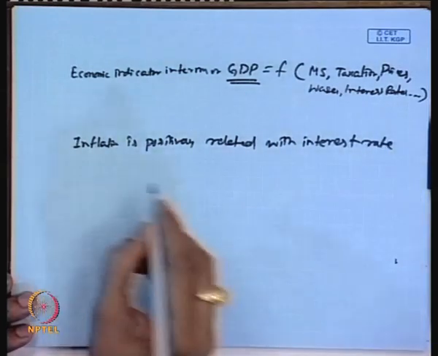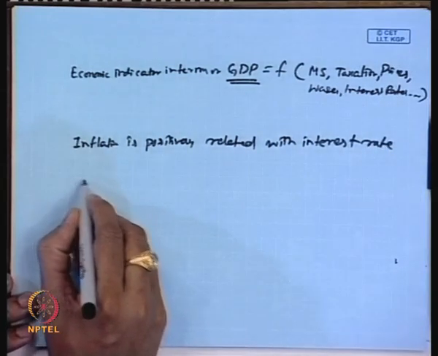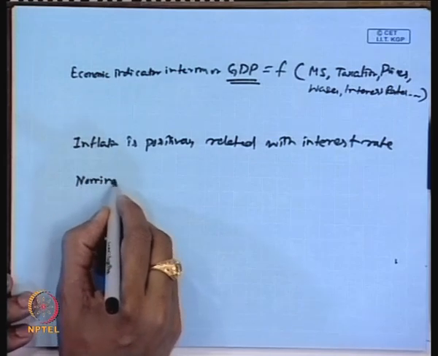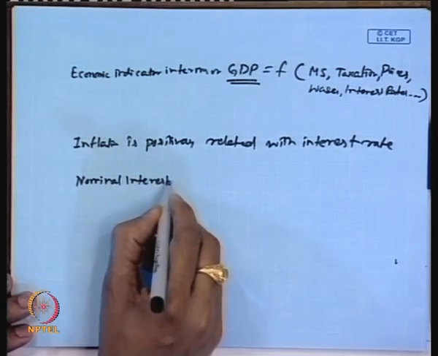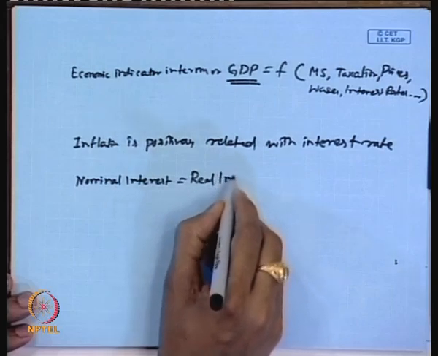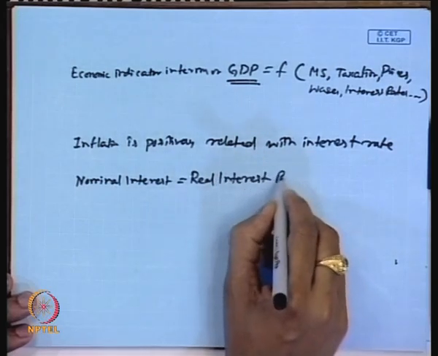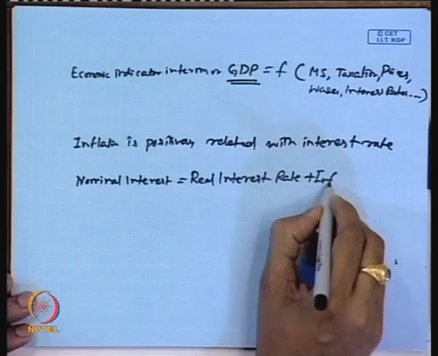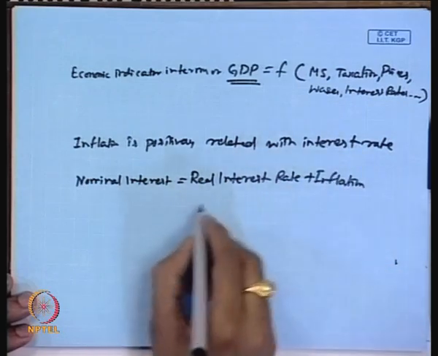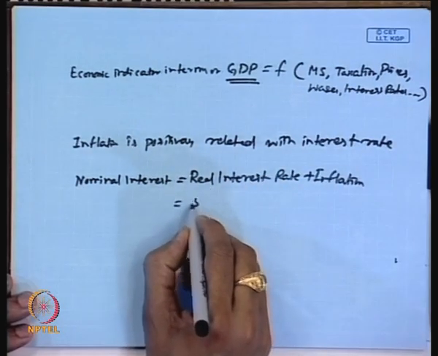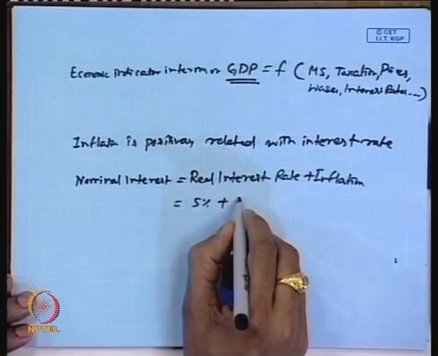When you talk about the nominal interest rate, it is nothing but the real interest rate plus inflation. So, let us say the real interest rate is expected to be 5% and inflation is 6%.